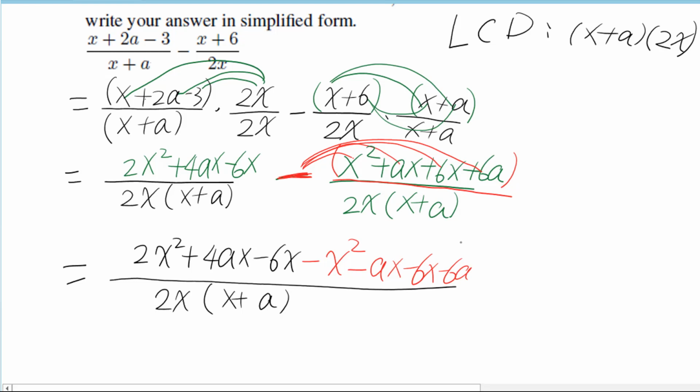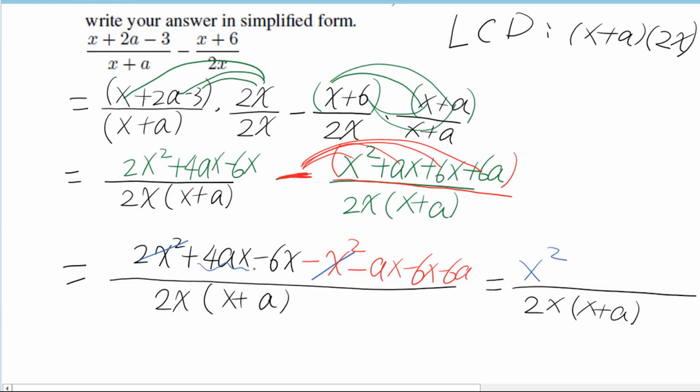So we have 2x times x plus a, and combine like terms. You will have 2x squared minus x squared. You will get the x squared.